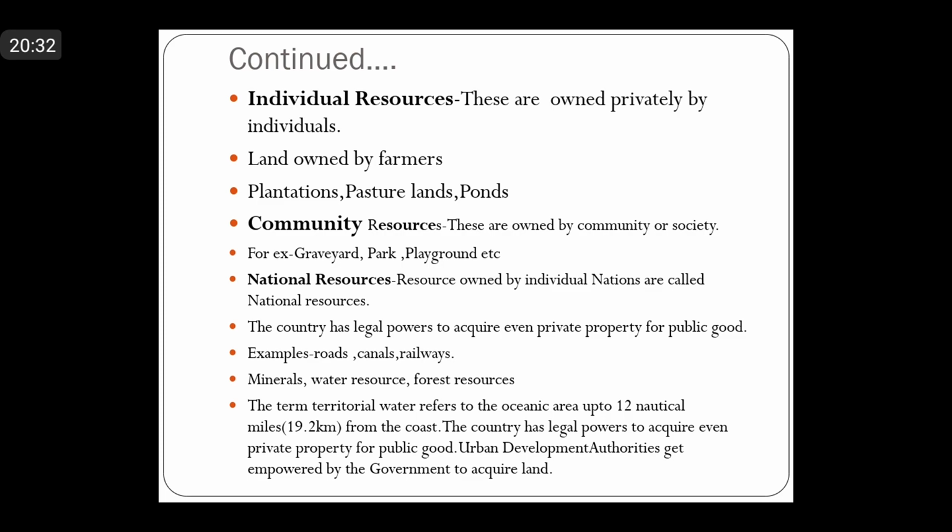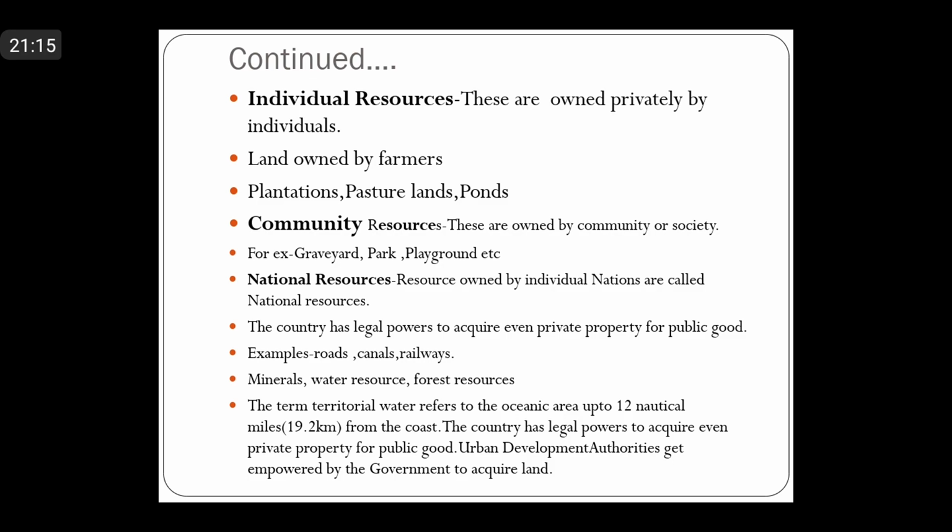Up to 12 nautical miles means 22.2 kilometers from the coast, termed as territorial water, and the resources therein belong to the nation.